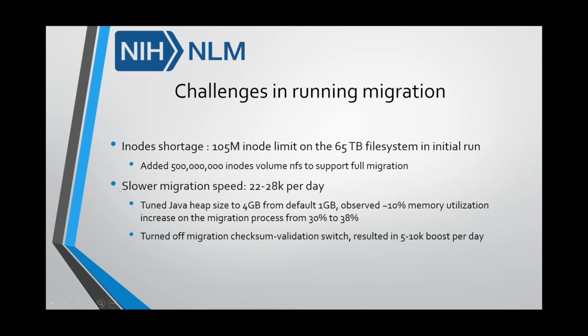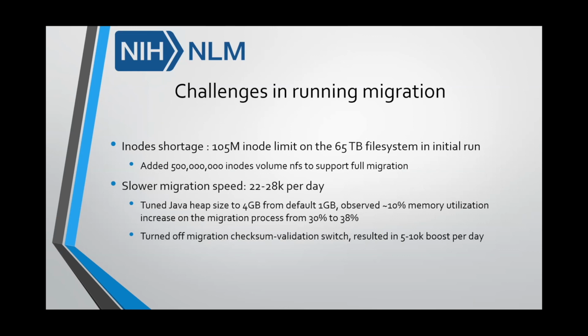And as I said before, I think post-beta has a slight performance drop, and we were able to tune it with an increase in Java heap size when running the utility from the default 1 GB to 4. That I guess gives the process about a 10% memory boost.